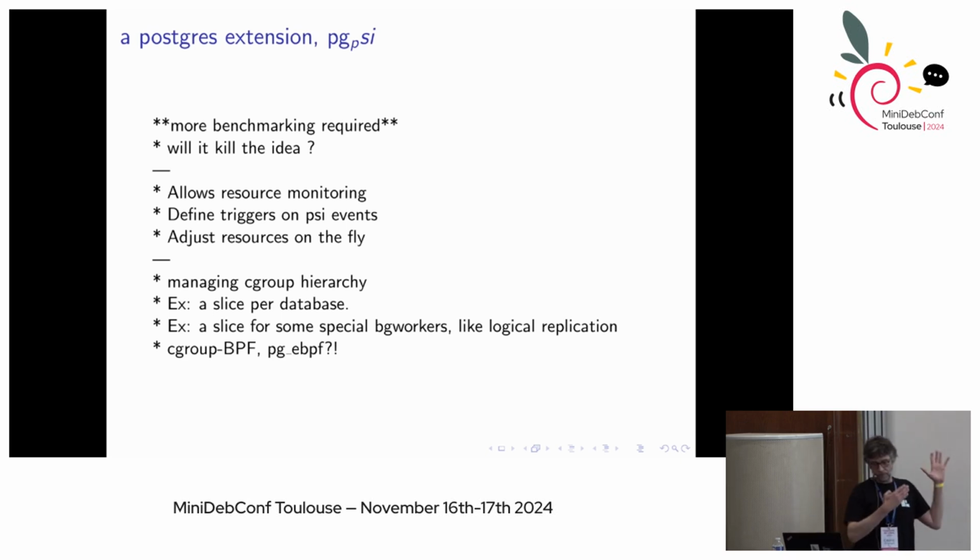I said more benchmarks, because if it costs too much, it won't be valuable in PostgreSQL, a priori. For example, when you create a new fork, you need to migrate it maybe from the critical group to the backend group, or you need to get the postmaster in the backend group, which makes no sense. Or maybe we can use that to create new backends before they have connections and freeze them, because with cgroup you can freeze processes, and we just need to unfreeze when we have a connection.